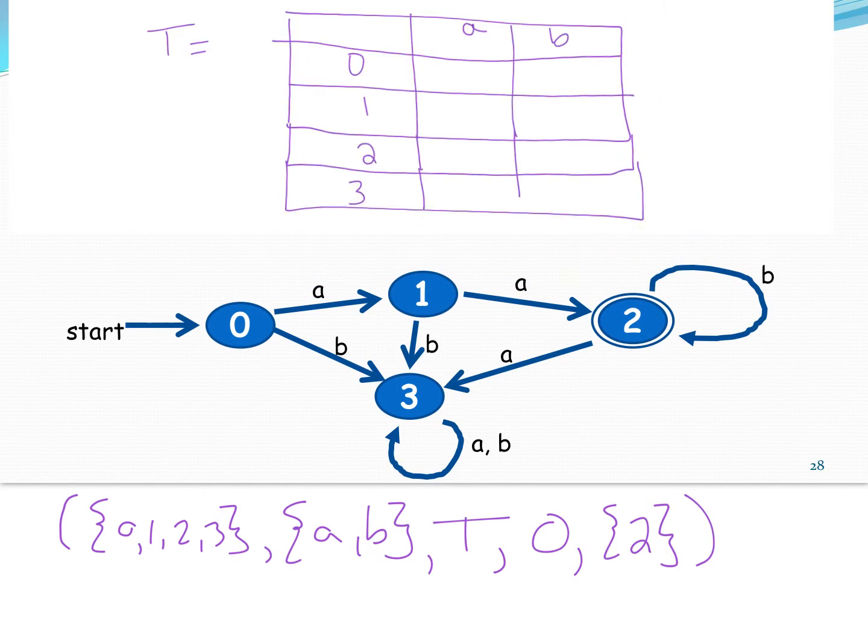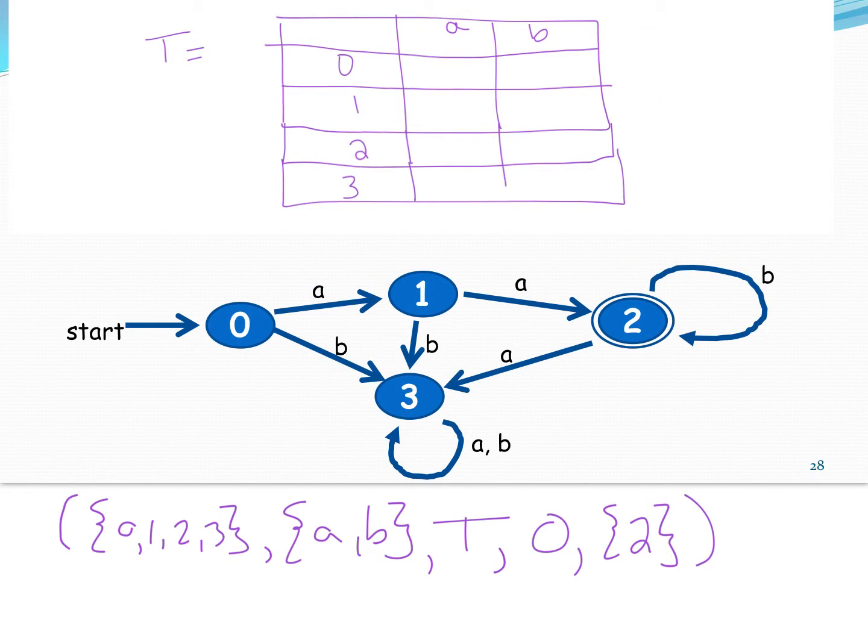Let me just shrink that down a bit so it's not taking over the whole page. So on state 0, if we have an A, we go to 1. If we have a B, we go to 3. So there's 1, and there's my 3.